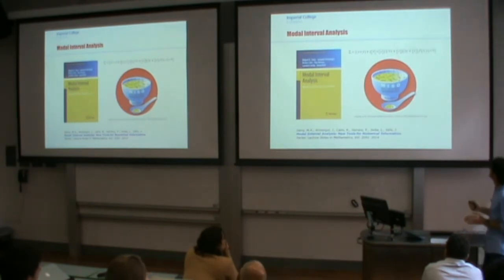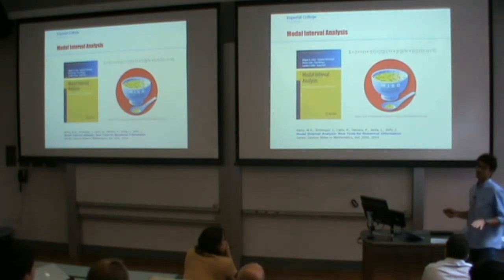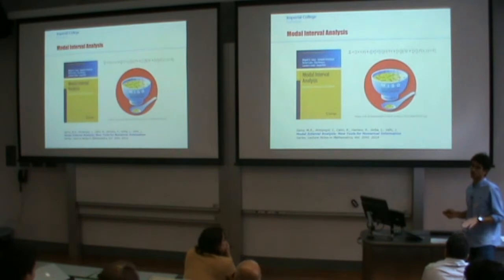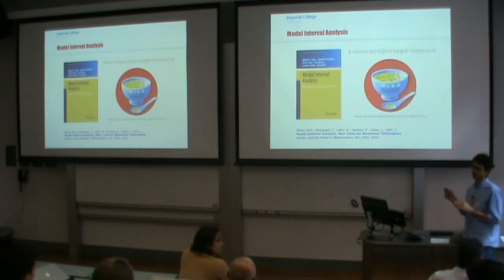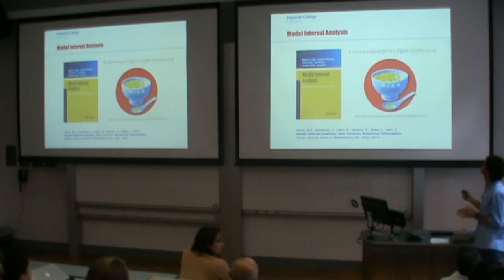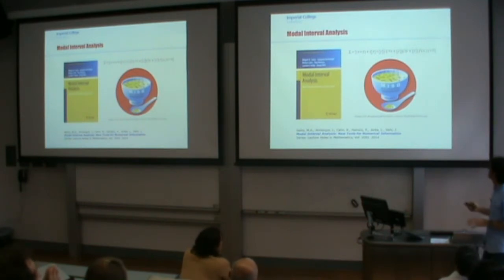That's the problem we saw before that we can solve with the SIVIA algorithm. But in this case we have the universal quantifier and the existential quantifier, and the basic SIVIA algorithm cannot solve this problem. I'm not saying there are no other ways to solve it, but modal interval analysis is one way to solve this problem. That's the general idea of modal interval analysis.